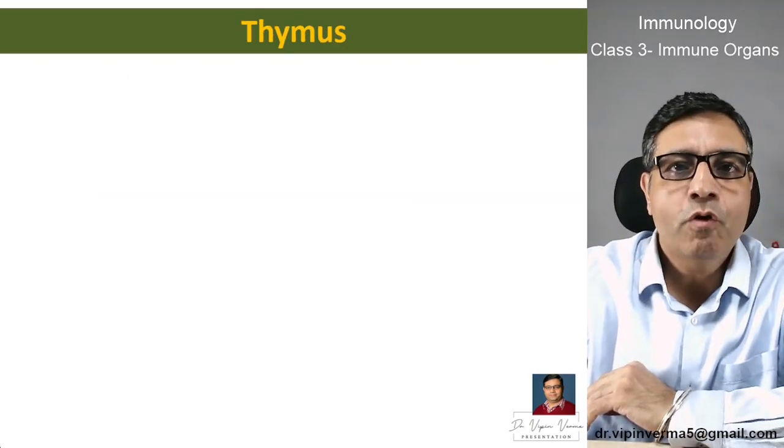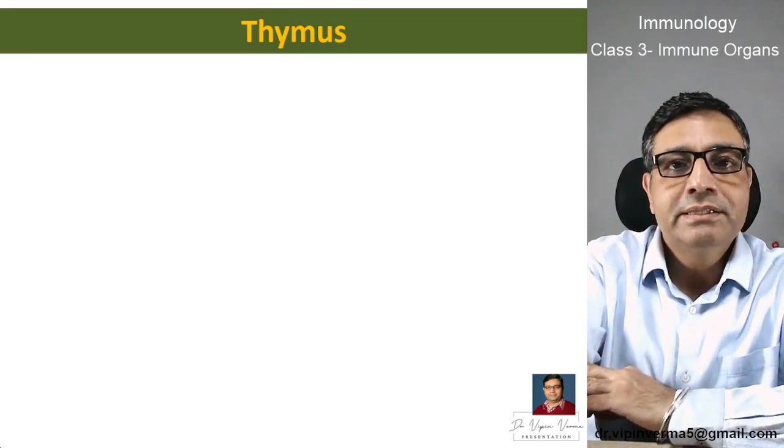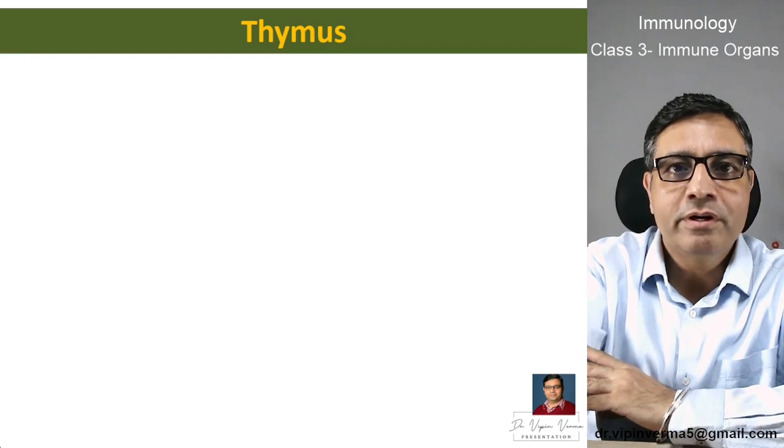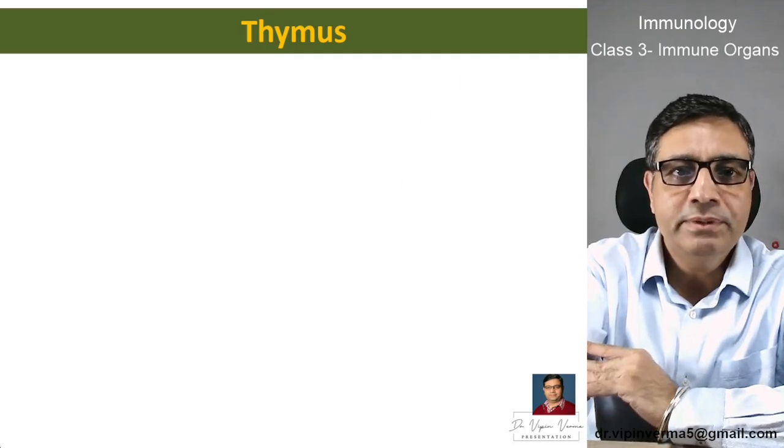Now focus on the thymus. The thymus is the primary lymphoid organ for the production of T cells. This is the organ where our T cells are developed.